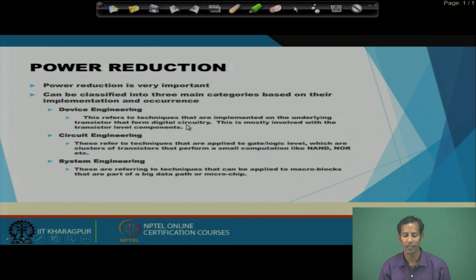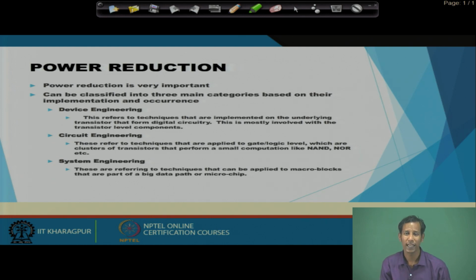This refers to the techniques that are implemented on the underlying transistors that form digital circuitry, mostly the transistor level components. The transistor itself has so many power factors like I_G, I_deal, I_SC, I_HC, I_inverter.